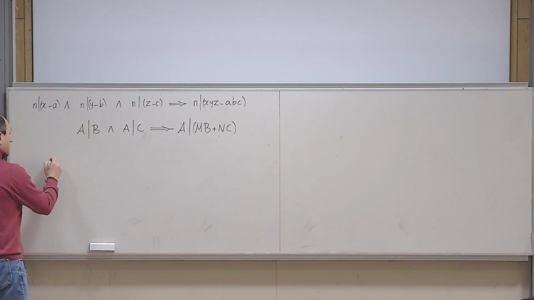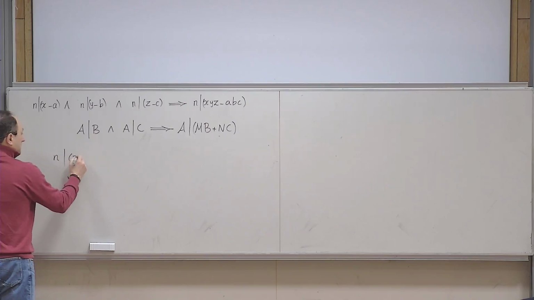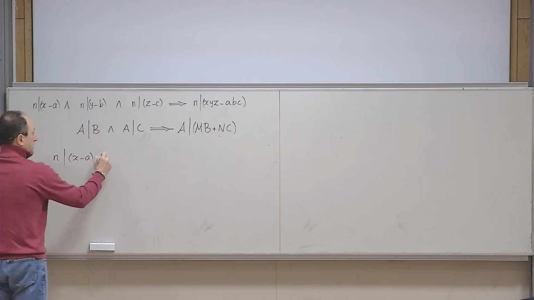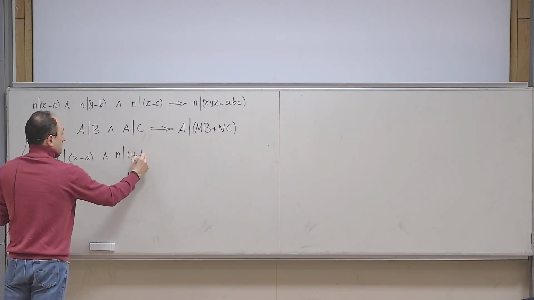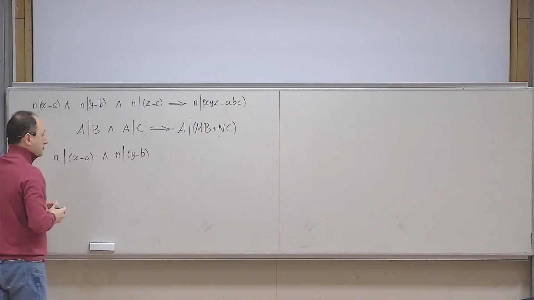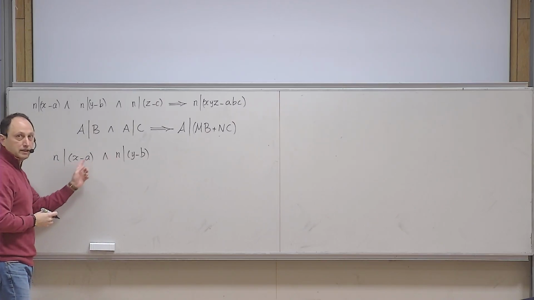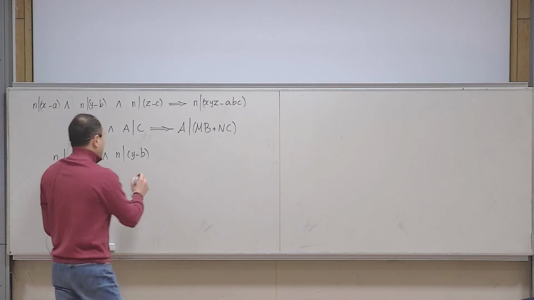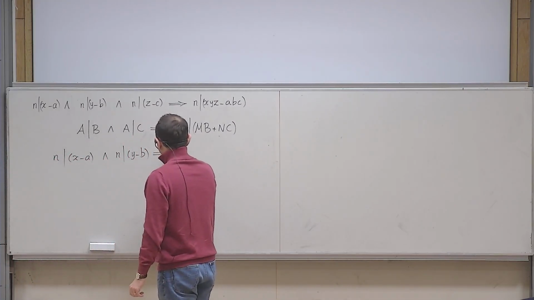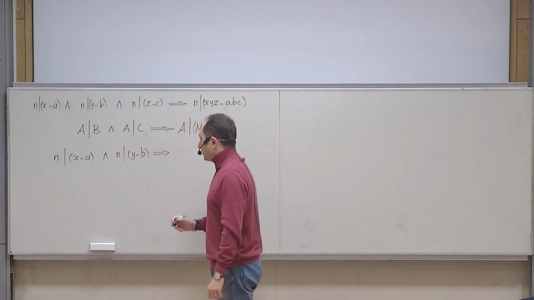So if I have n dividing x minus a, and the same n divides y minus b, according to this theorem, n will divide any linear combination of these numbers. But I have to choose that linear combination in a wise way that will help me solve the problem.